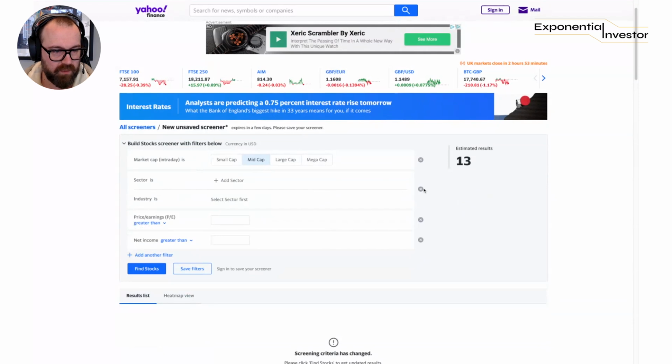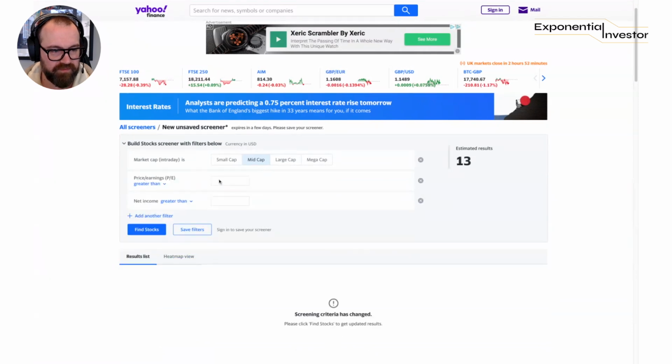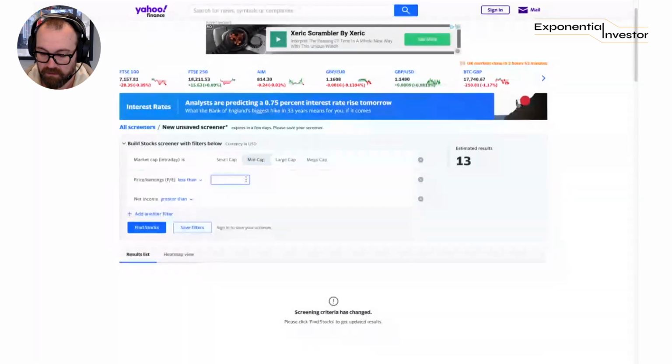We don't care what sector. We want to find it with a price to earnings ratio less than 25, and we want to find it with net income greater than 50 million.